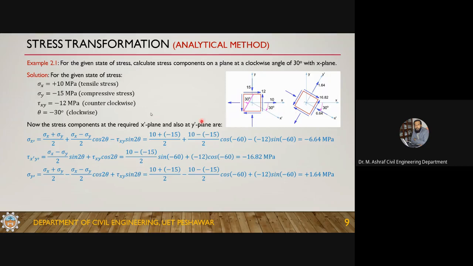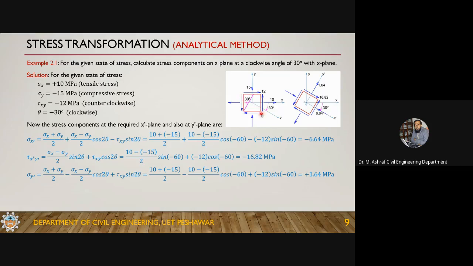Okay, so now here, this is the given state of stress, and he is saying that you calculate stresses on a plane at a clockwise angle with the x-plane. So this is the x-plane, and its normal is in this direction. This is the required plane, which is making a clockwise angle of 30 degrees.